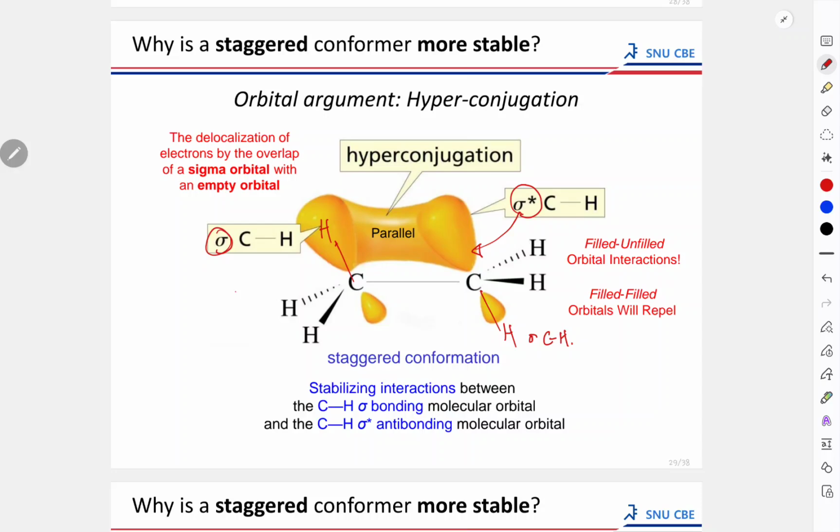That's how hyperconjugation can decrease the energetics of the system. In other words, the molecule can become more stabilized. So here you can rationalize the stabilizing interaction between the C-H sigma bonding MO and the C-H sigma anti-bonding MO.